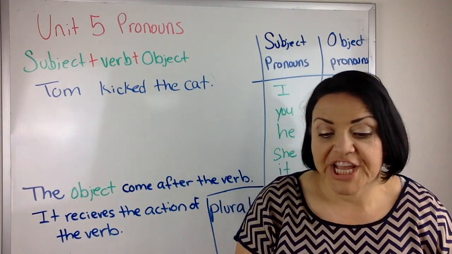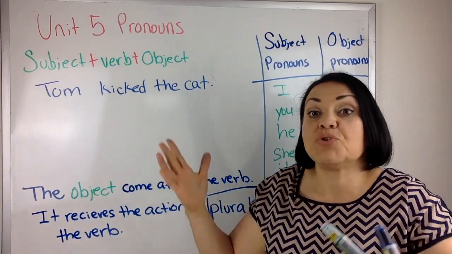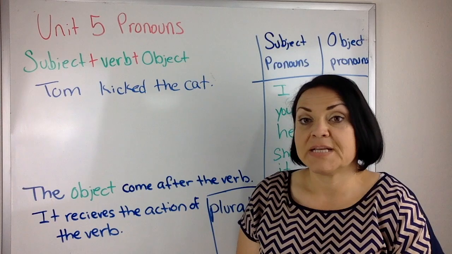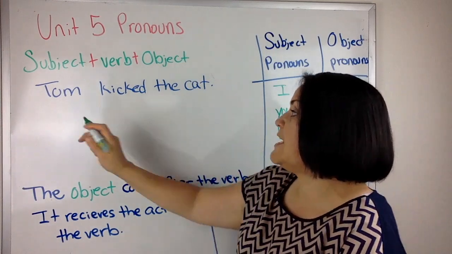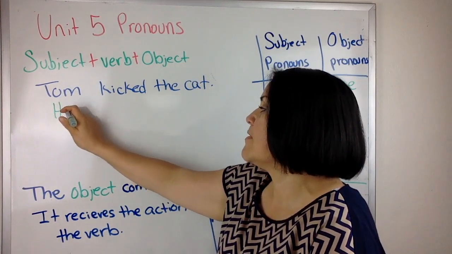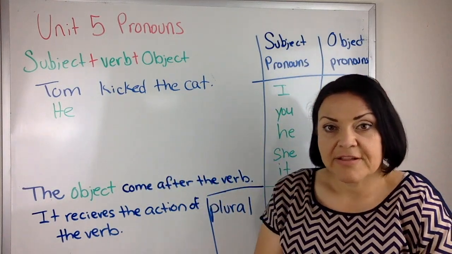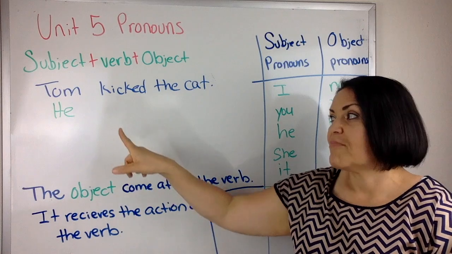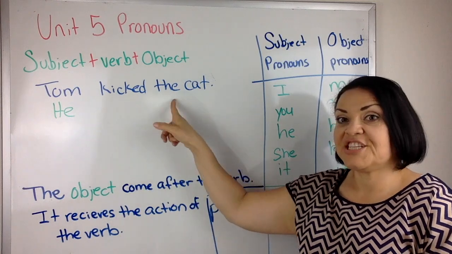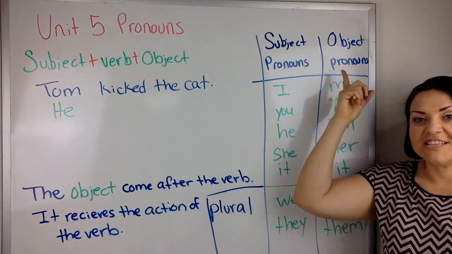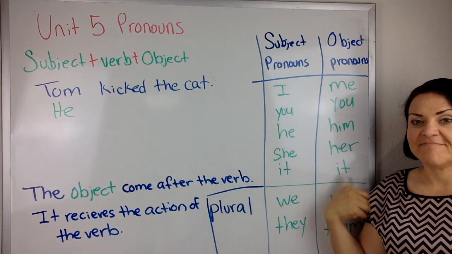We can change any one of these into a pronoun. What is Tom? He's a boy. So we can say, he kicked the cat. And then we can change the cat. So what's an object pronoun for cat? It.